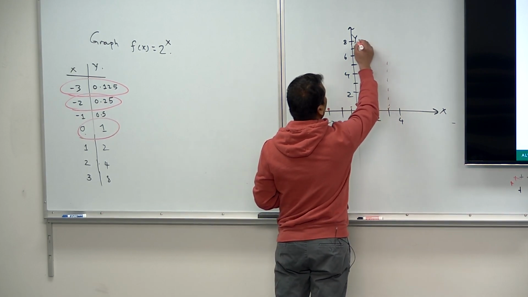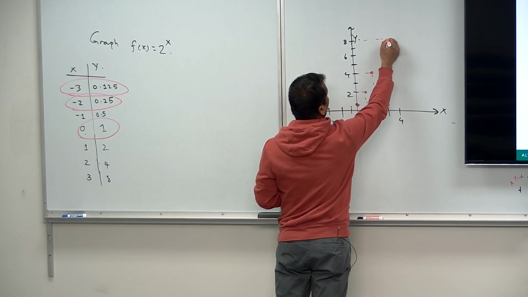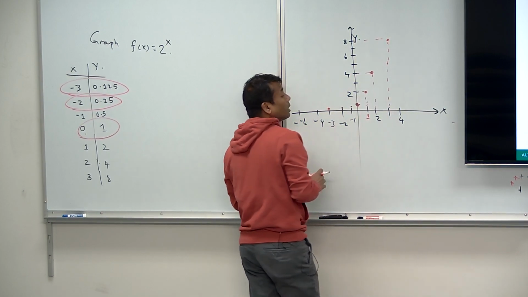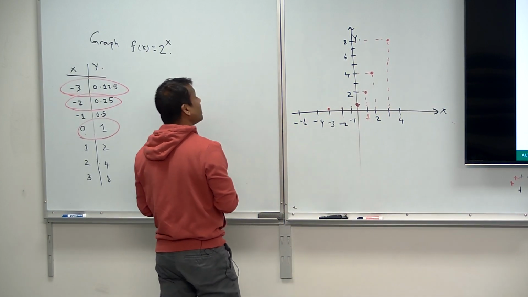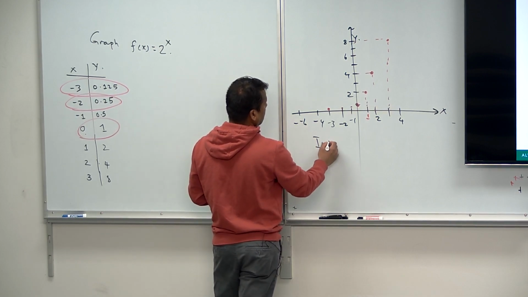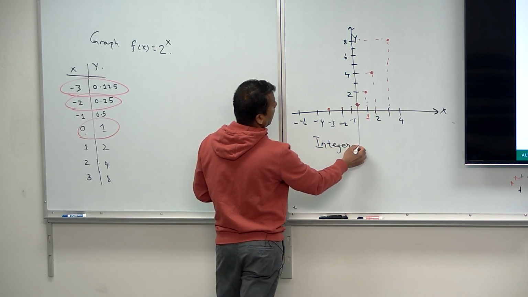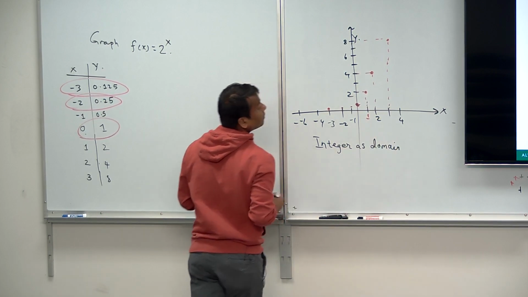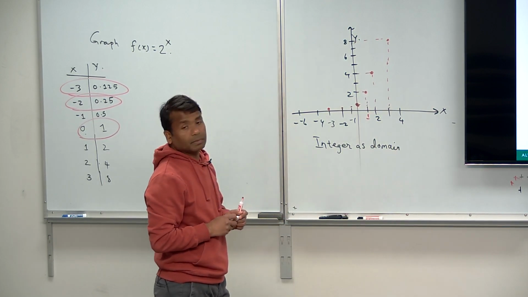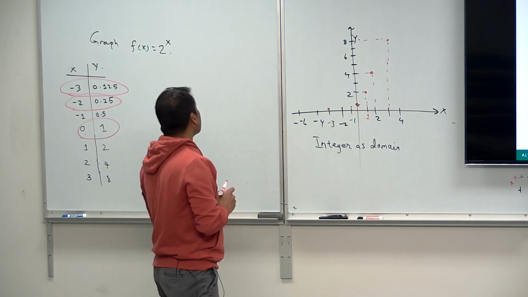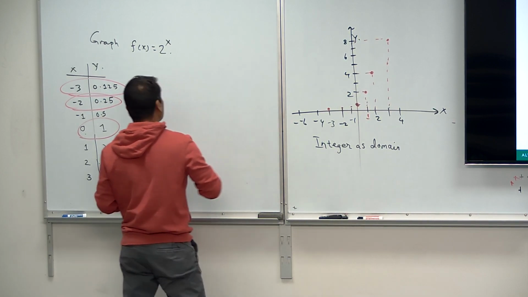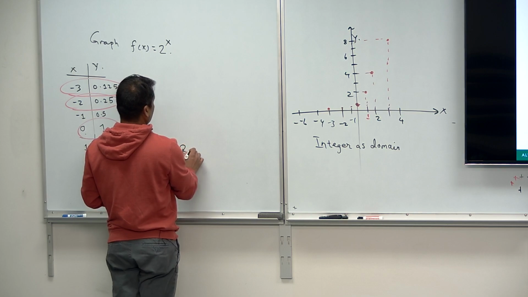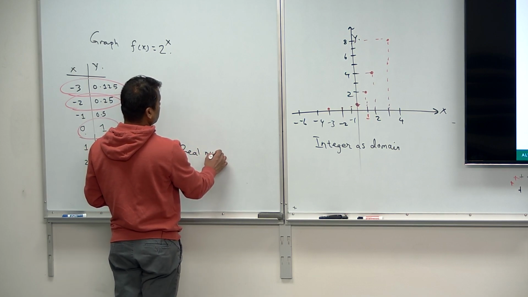So 3, 8, you have this point. So now you see, if you want to consider integers as the domain, you have a graph like this. Right?